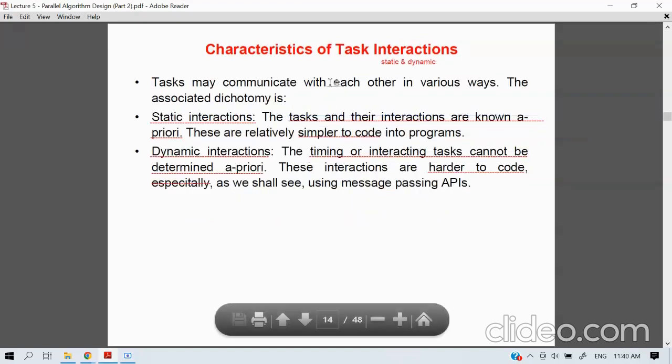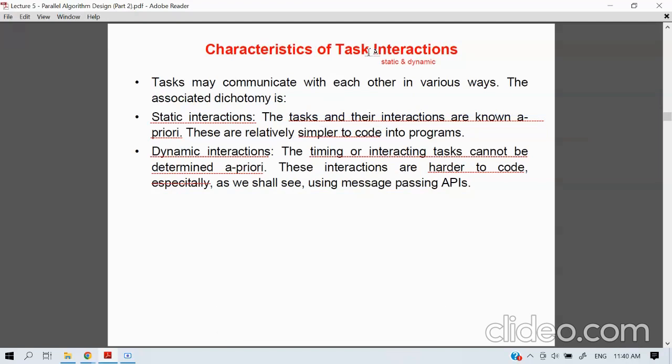Okay, so characteristics of task interaction. There are two types of characteristics of task interaction. In this case, we want to look at the characteristics between the tasks when they communicate with each other: either static interaction or dynamic interaction.